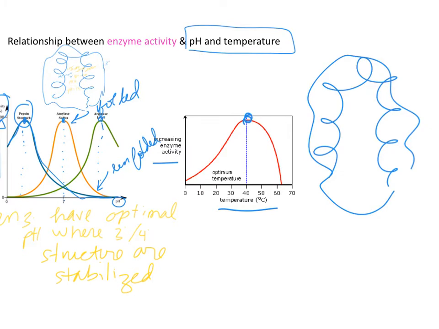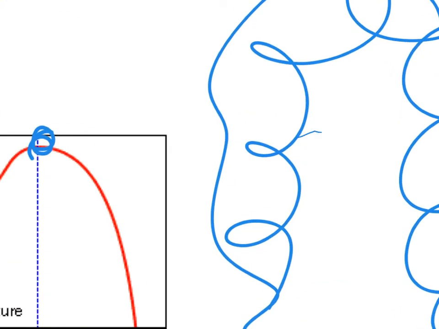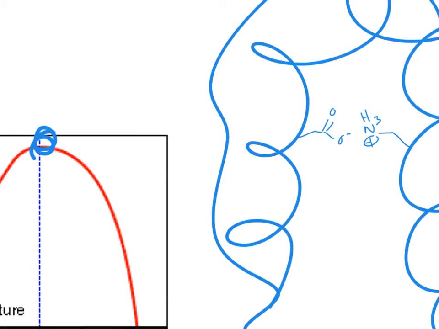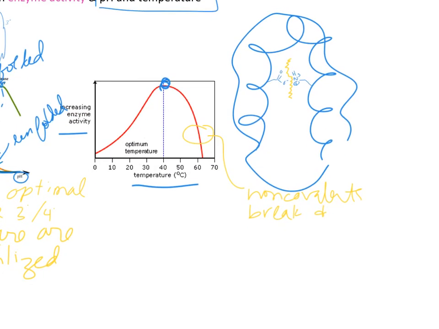So again, let's put my aspartic acid back in, and part of the side chain of a lysine, and again we make a salt bridge. Now if you increase the temperature, you actually input enough energy so that at high temperatures all the non-covalents will break, and the enzyme, because we're talking about enzymes, it could just be a protein, unfolds.